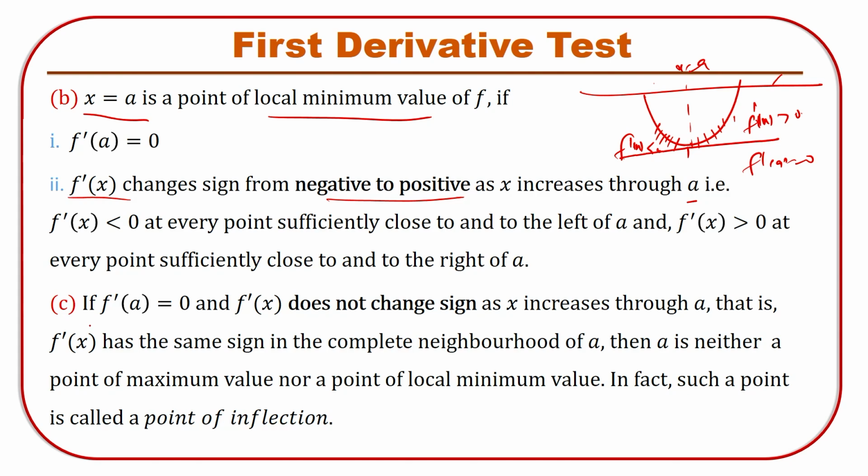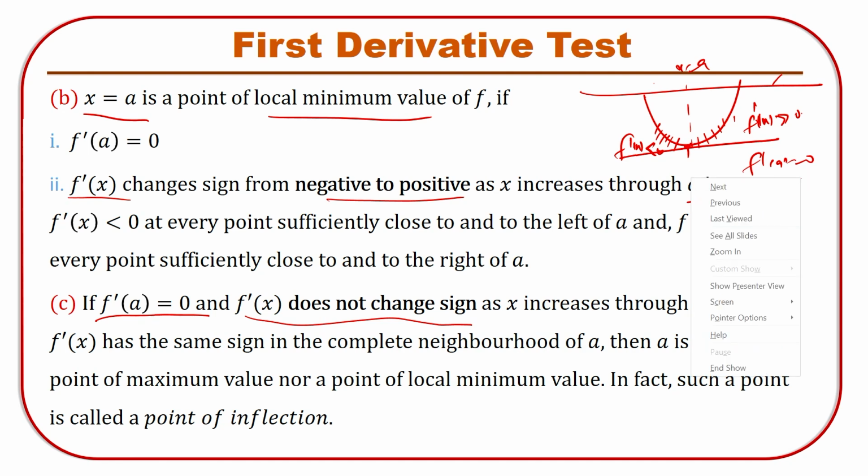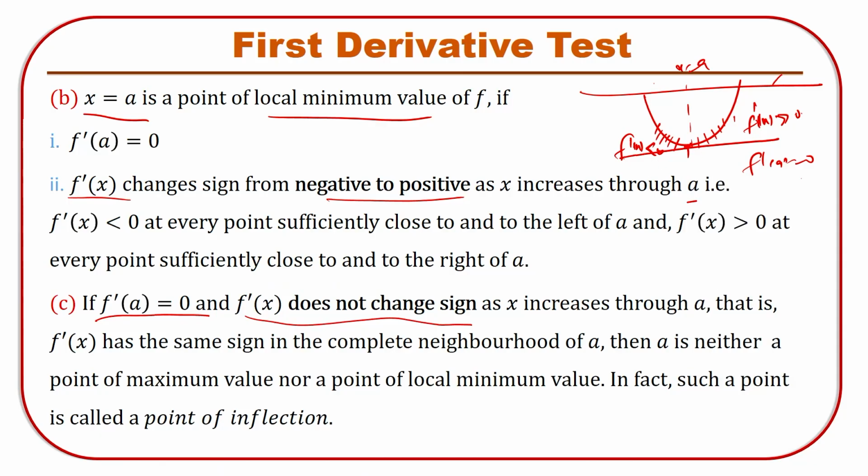And the third one is that f dash of a equals 0 and f dash of x does not change sign. In the previous case, the sign changed from less than 0 to greater than 0, and that is why f dash of a equal to 0 will be a local maximum or local minimum depending on how the sign changes from left to right. In this case it was a local minimum.